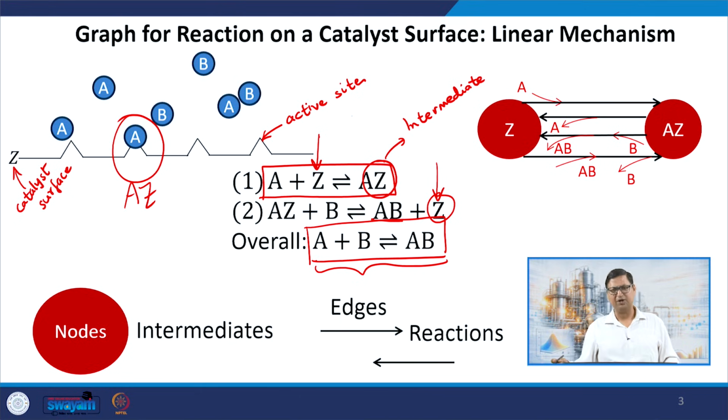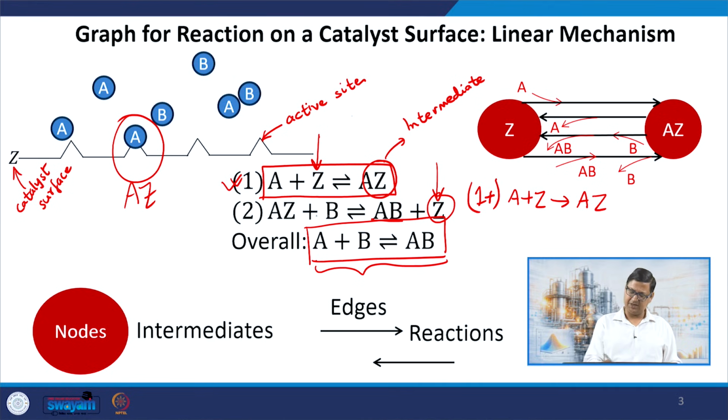So, I can represent the first and second reactions. In fact, we have 4 reactions because both reactions are reversible. The first reaction is the forward reaction of 1, which is A plus Z giving rise to AZ. Let me call it 1 plus to indicate that it is the forward reaction of reaction 1 listed here.